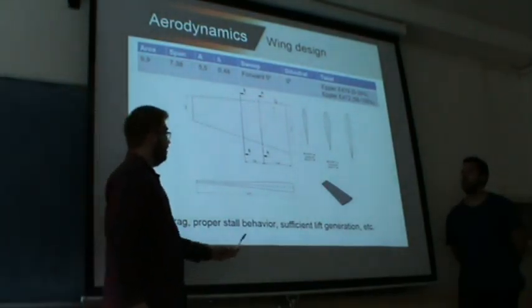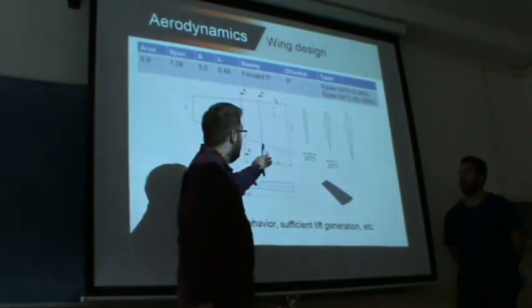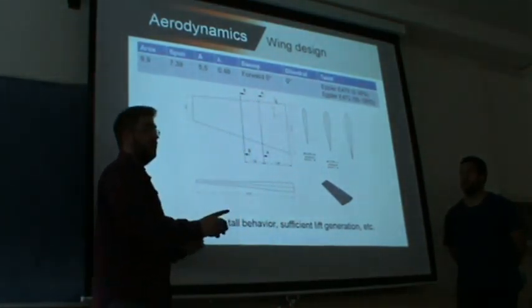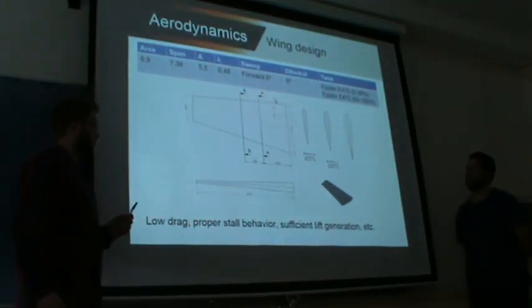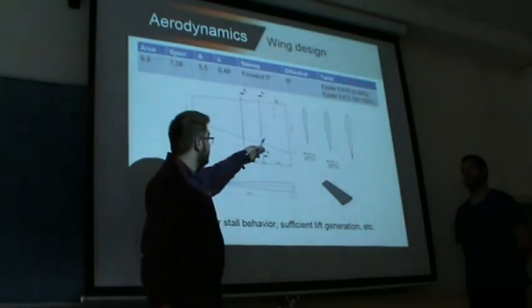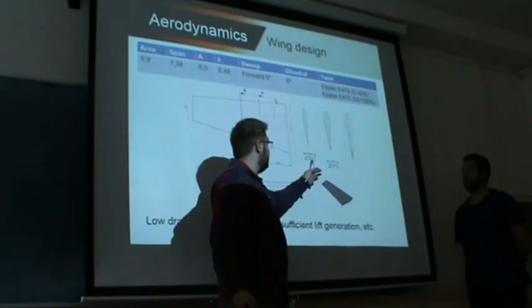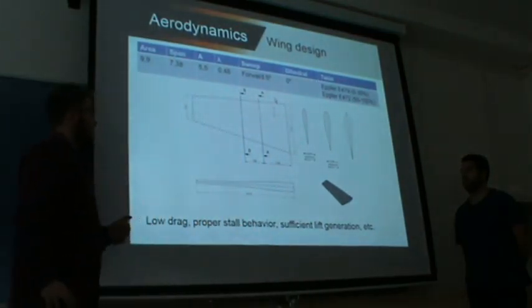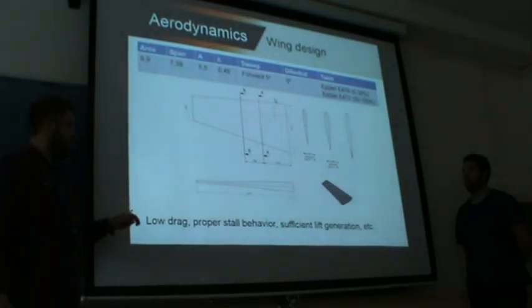Our wing is, from the root to 30% of the semi-span, based on the Eppler 479. Then there is a transition between one profile and the other, and it ends with the Eppler 472.